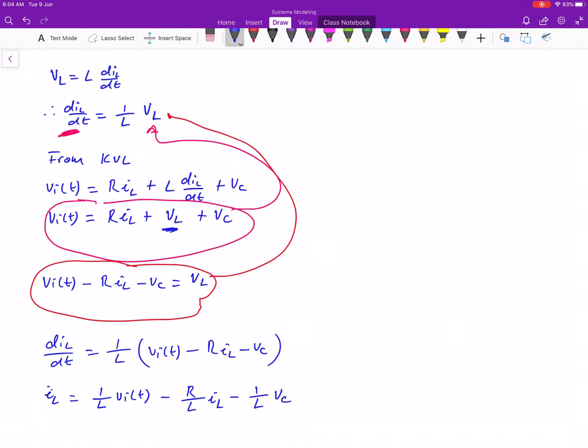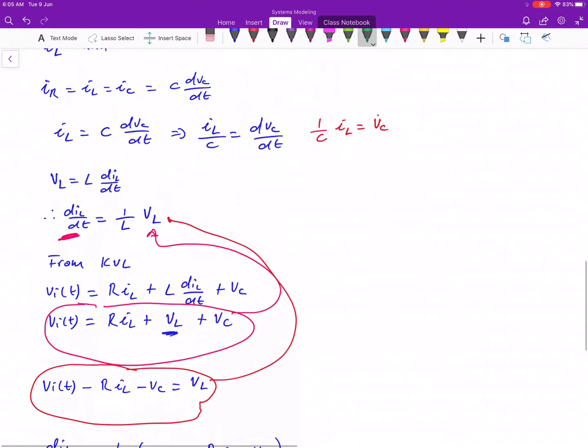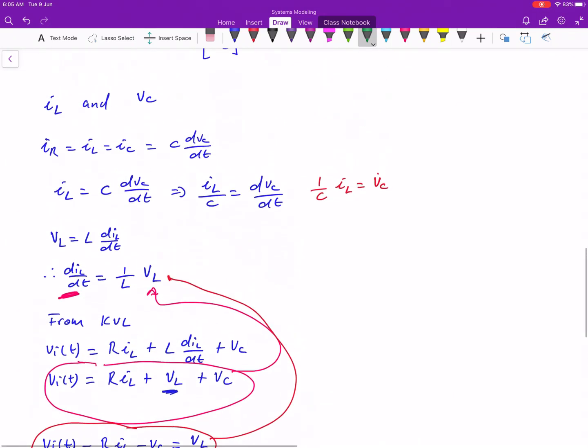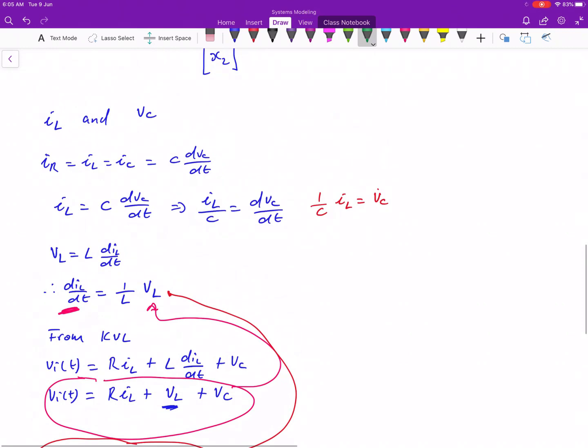So from here I can rewrite the equations in terms of our state space matrix, because we have our first derivative in the current, and we also have our Vc, which we found here.